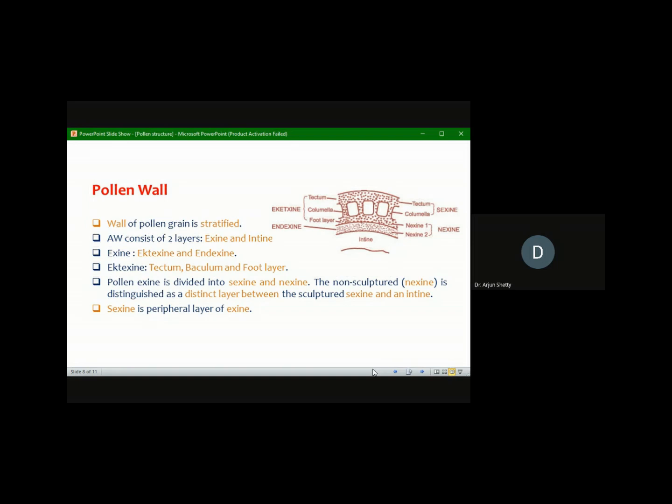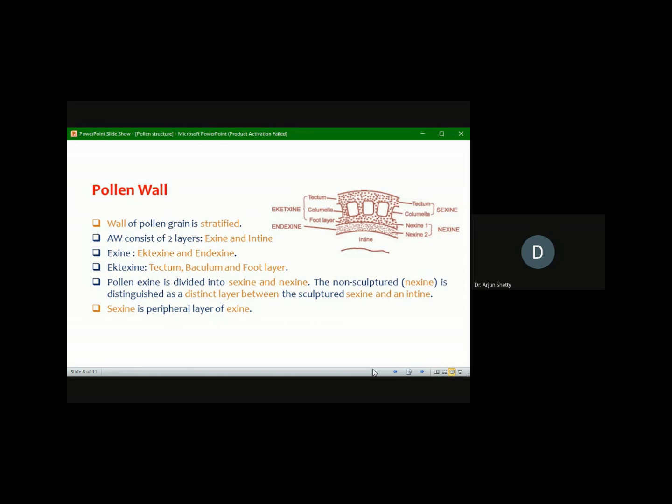Sometimes you may ask, nexine 1 and nexine 2 are the parts of the nexine. Just see on the right side, in the ectexine: tectum, columella, foot layer. These three together are considered the ectexine. Where is nexine 1, tectum, columella, nexine 1 will be considered ectexine. You just compare the left side with the right side image.